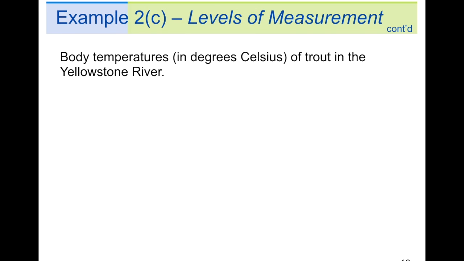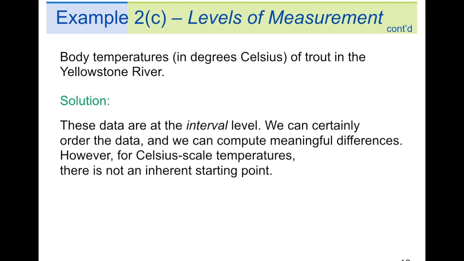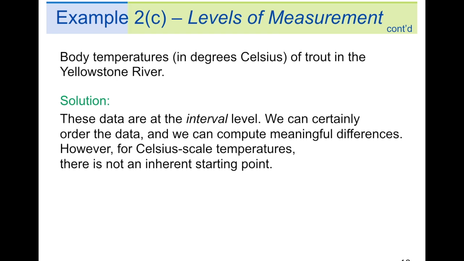Next example, body temperatures in degrees Celsius of trout in the Yellowstone River. So this one, you're dealing with temperatures and it's continuous. You can have any decimal of temperatures. However, always go back to the 0, because 0 degrees Celsius doesn't actually mean anything.